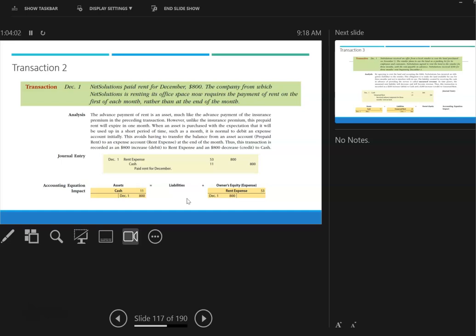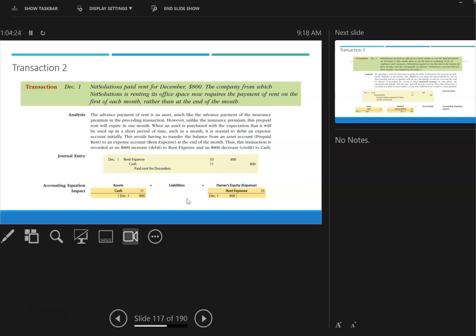The reason we would put something into prepaid insurance or prepaid rent is it's going to be used up over a year. So then a 1/12 of it is used up every month. Does that make sense? But if we pay the rent, it's going to be used up in a month. It's an expense. Does that make sense?